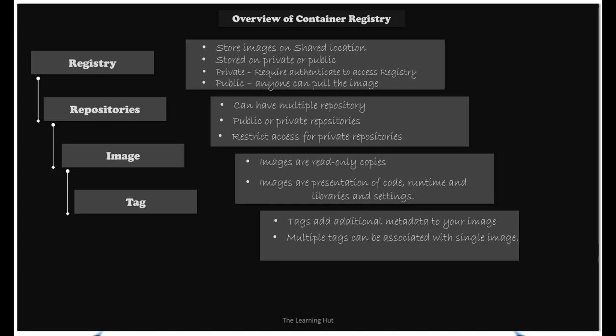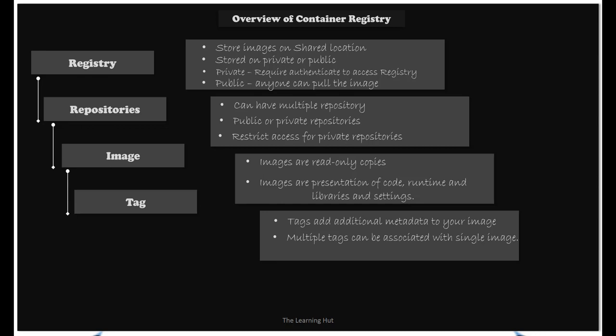You can use a tag, which allows us to tag the same image with a different tag name. A single image can have multiple tags, and those tags are associated with that image. The image resides inside the repository, and the repository is created inside the registry. So this is the flow of our registry.